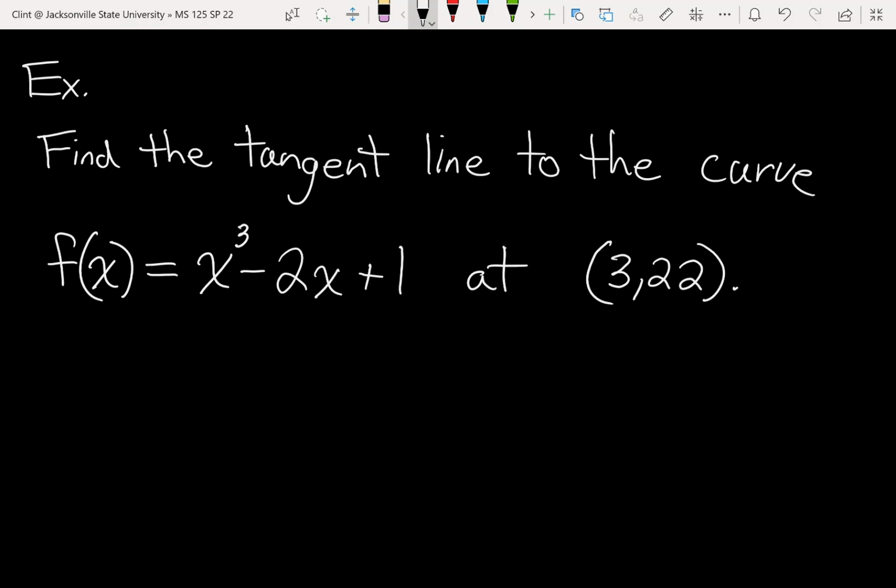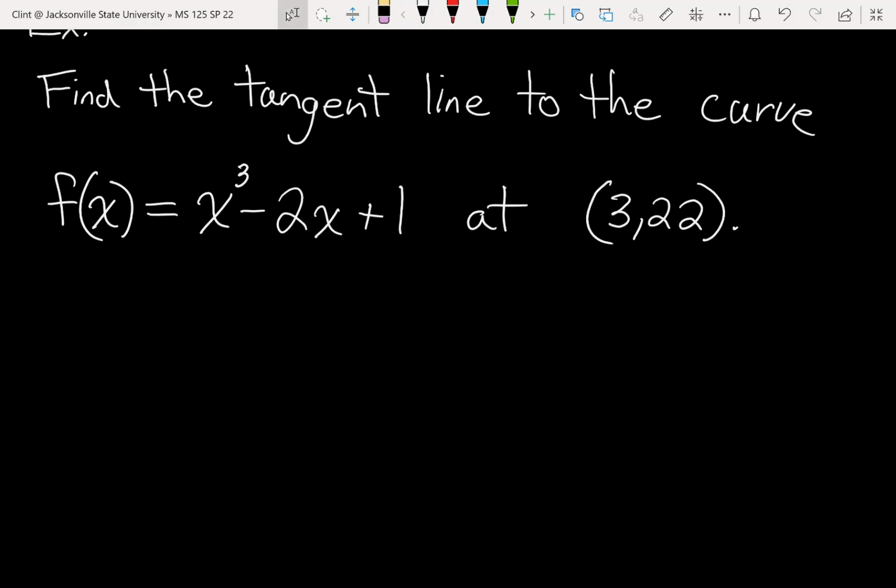Here we go. Our definition says if we want the derivative, what value are we finding the derivative at on this one? What would be our A? 3. Okay. This is our point, A, f of A on our definition. So we want the derivative at x equals 3 of this thing.